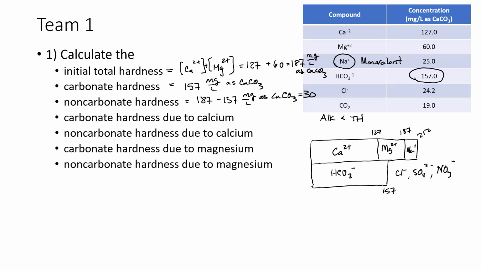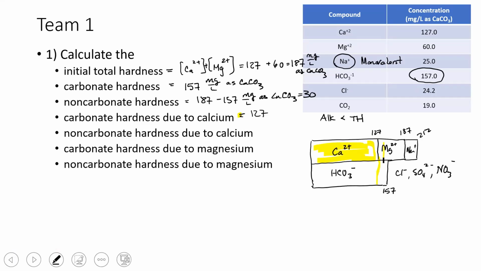So now we can think about this in terms of the carbonate hardness due to calcium. And I'm going to switch. So the carbonate hardness due to calcium is this portion right here. All of our calcium, we can assume, is associated with bicarbonate.